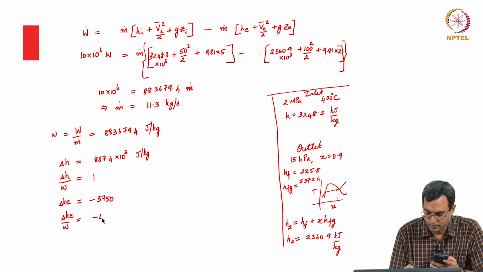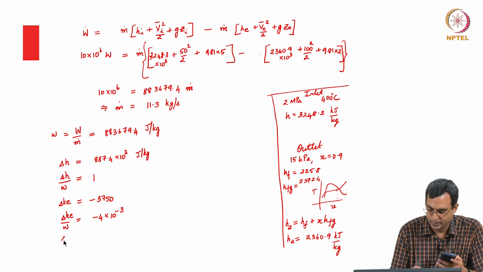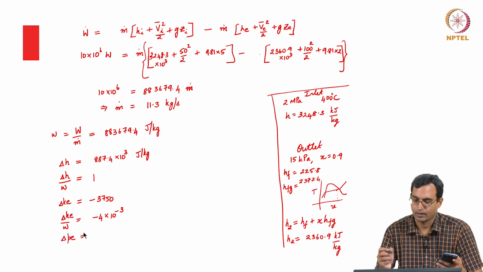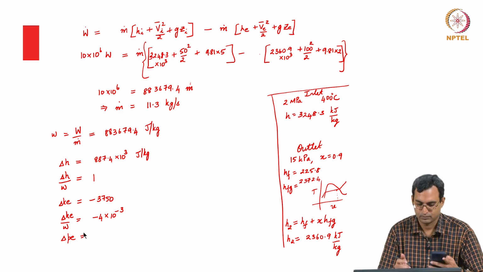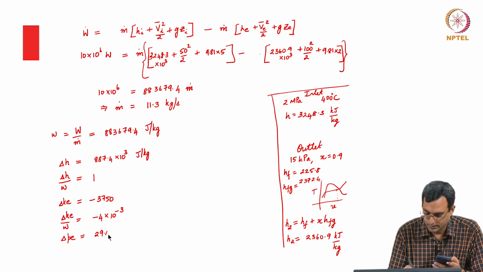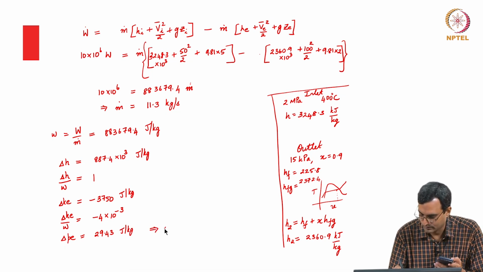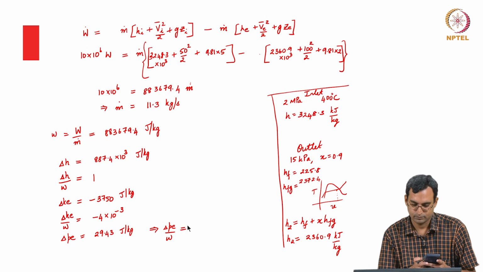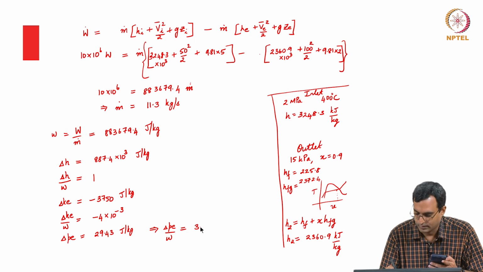It is minus 4 into 10 power minus 3. And then I have change in potential energy. Which is 29.43 joule per kg. Which is 3.3 in 10 power minus 5.